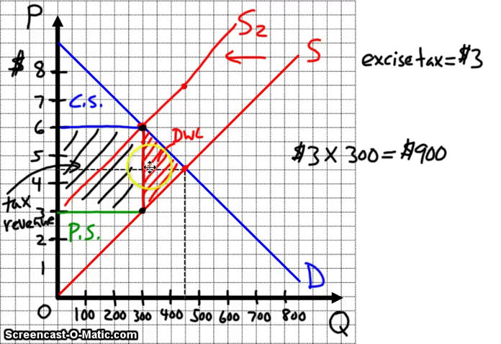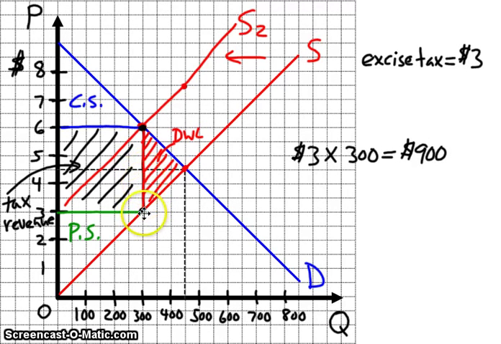We can see that because we know that originally consumers were paying $4.50, and that means producers were receiving $4.50. Since consumers are now paying $6, the difference between $4.50 and $6 is $1.50. And now producers receive only $3 rather than $4.50.